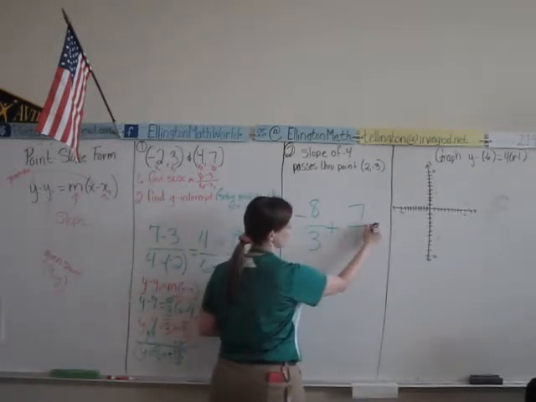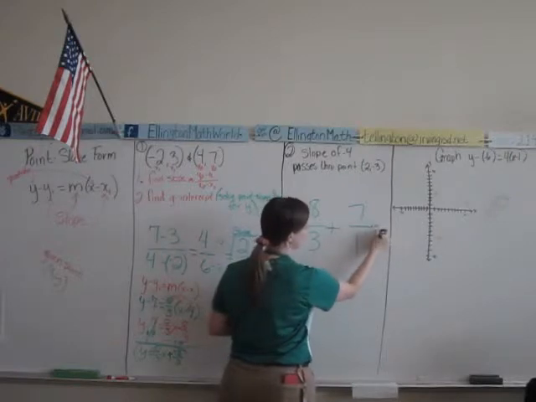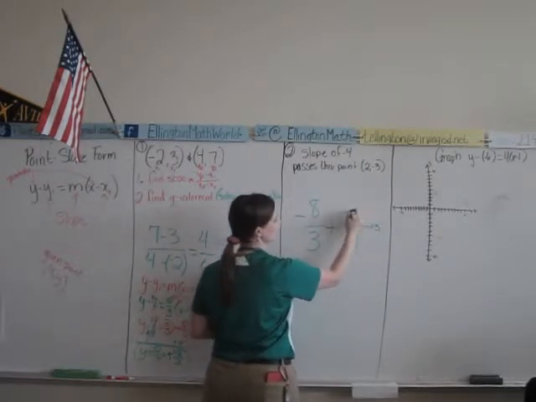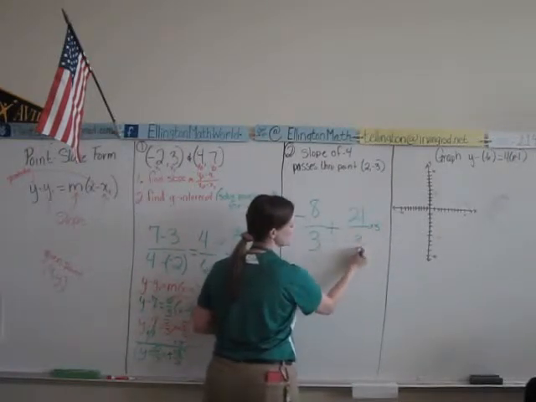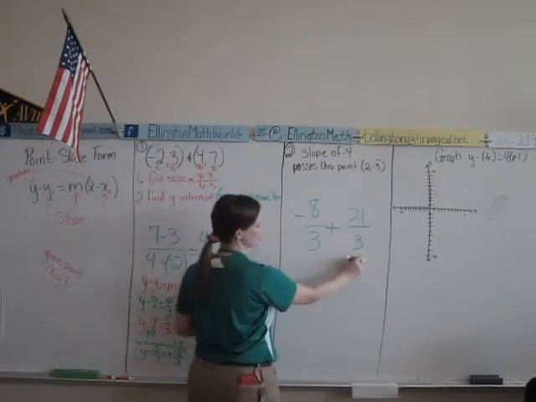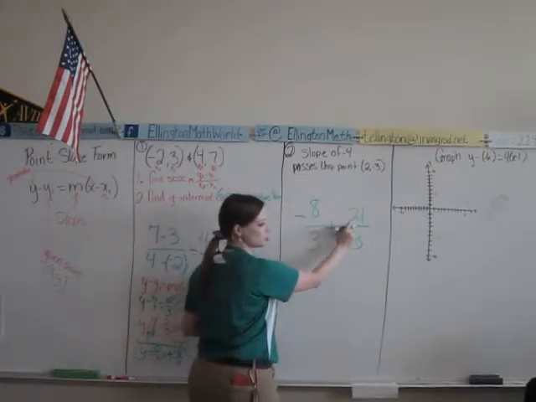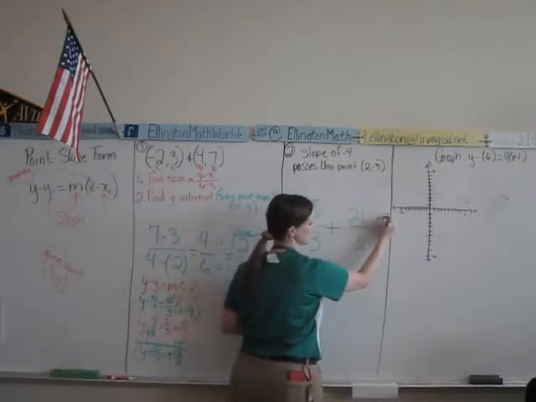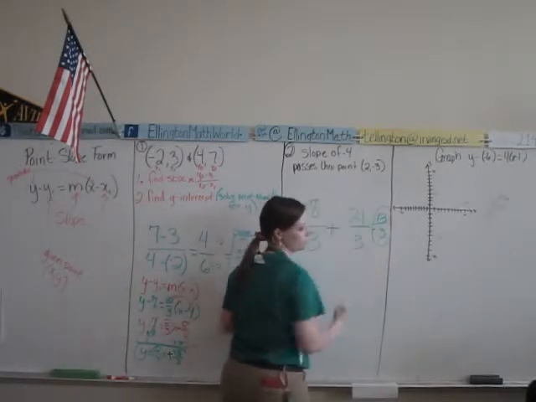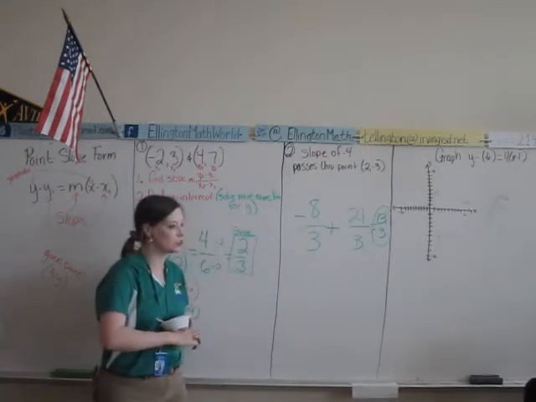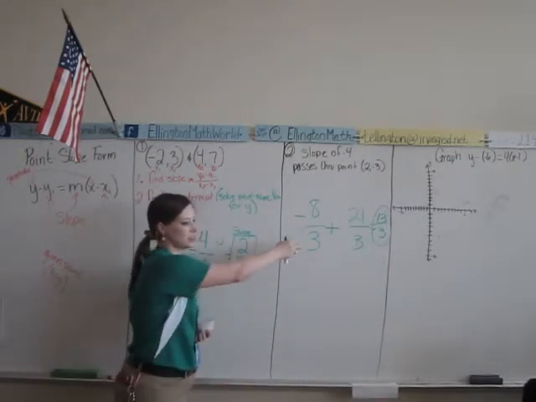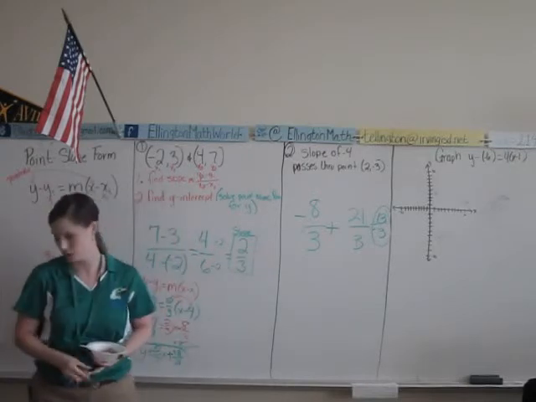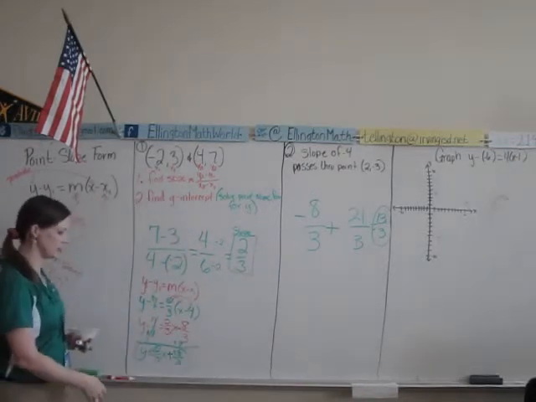So this gets multiplied by 3 on top and bottom. So this becomes 21. This becomes 3. Denominator is the same. I now have negative 8 plus 21. That's the same thing as 21 minus 8. So that gives me 13 over 3. That's why you use a calculator. That's basic integers. That has nothing to do with what we're doing right now. Use your calculator. That's a whole other lesson.